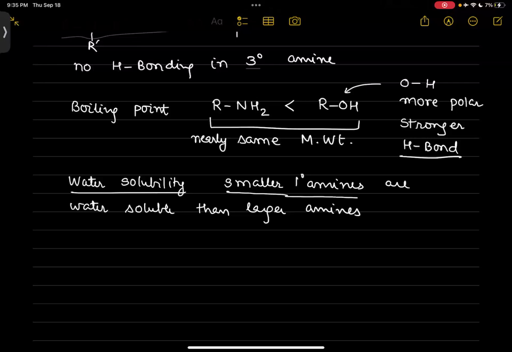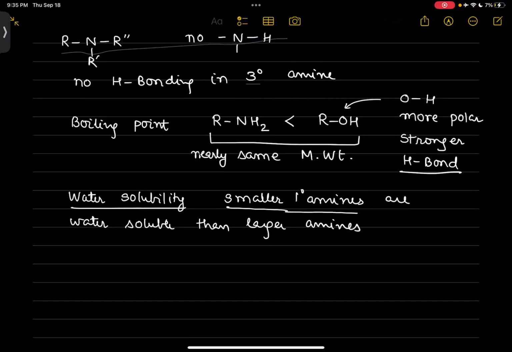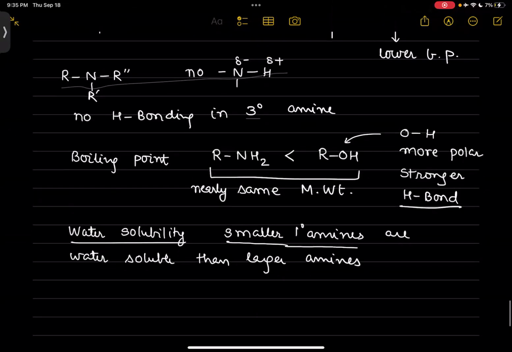If you take an amine and an alcohol of approximately the same molecular weight, the boiling point of the alcohol is going to be higher, because alcohols can form stronger hydrogen bonding than the nitrogen.